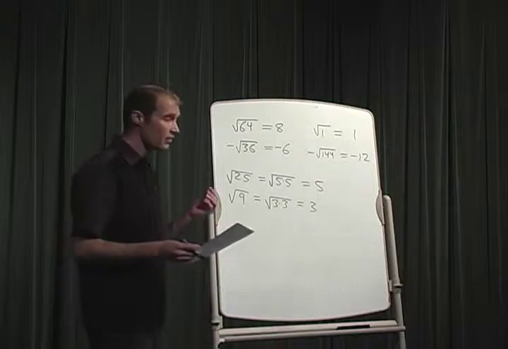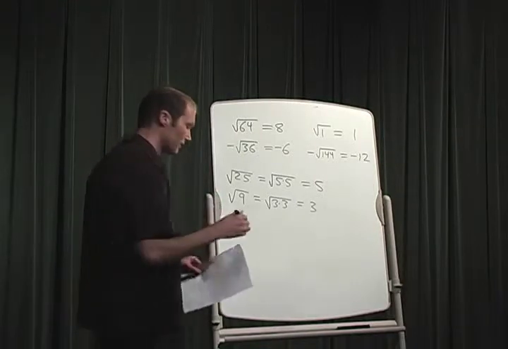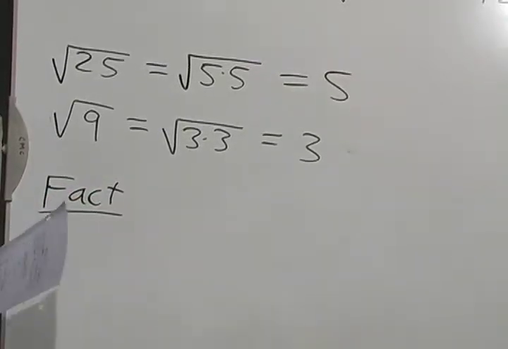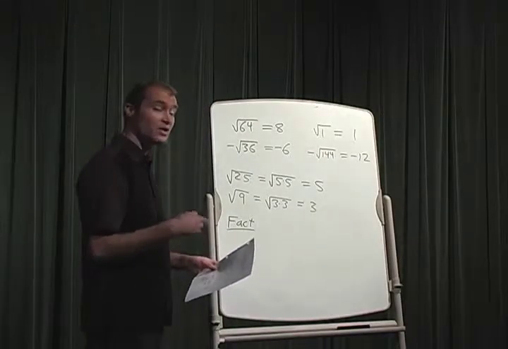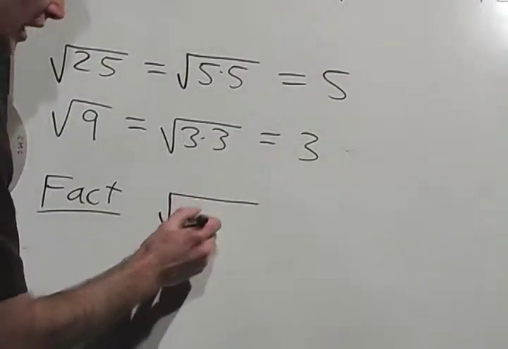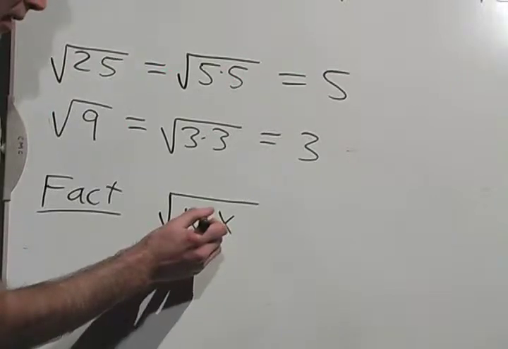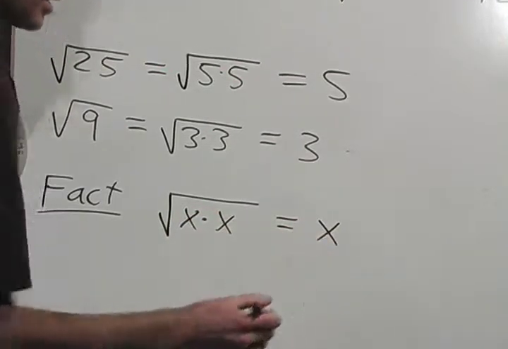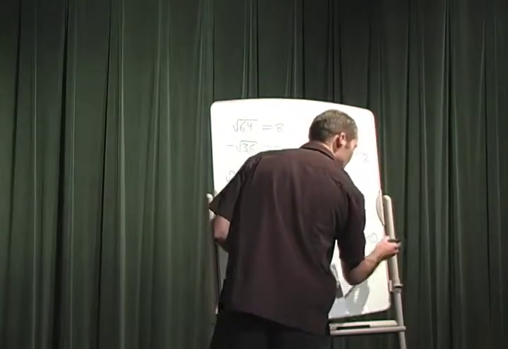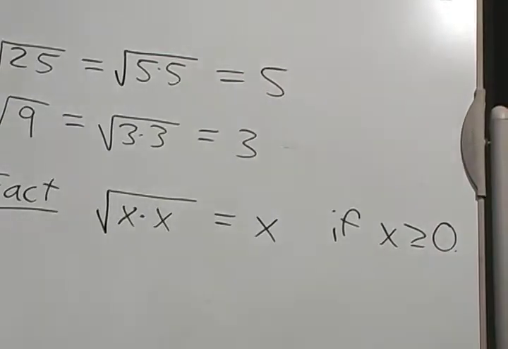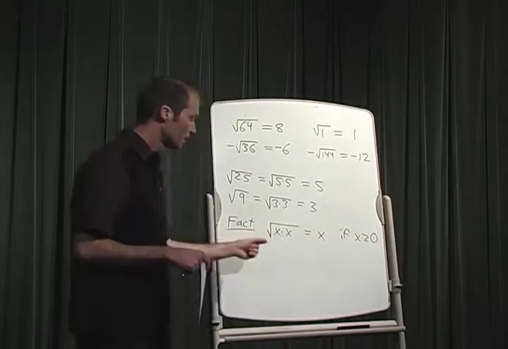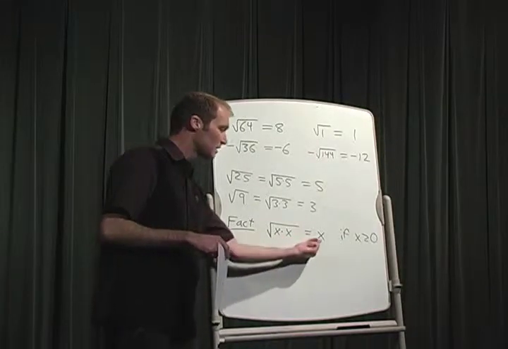In general, there's a fact that we're going to find very useful, and the fact goes like this. If I have any non-negative x, the square root of x times x equals x. If x is non-negative, that is, if x is greater than or equal to 0. So if you give me any x that's greater than or equal to 0, the square root of x times x is equal to x.